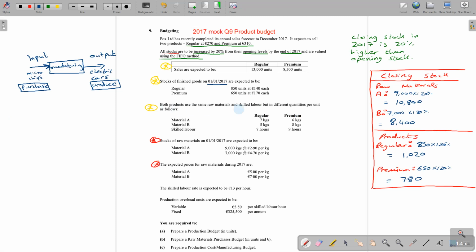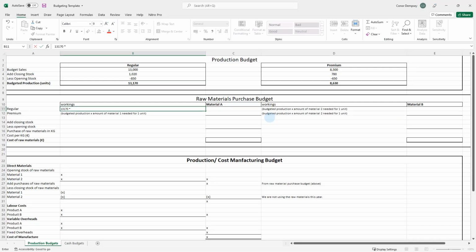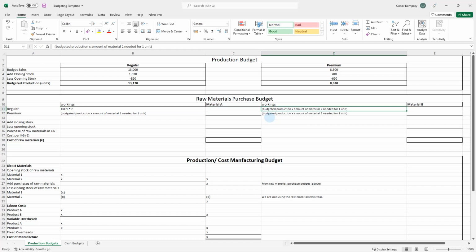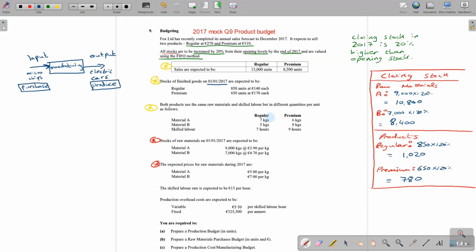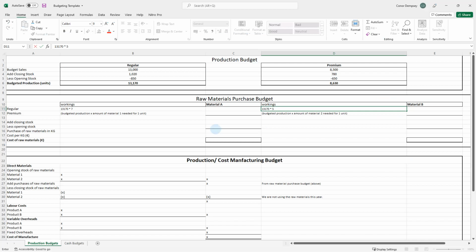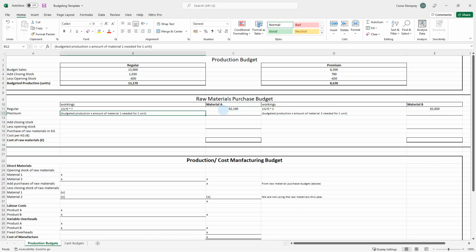So 7 kg, so by 7, and again here material B 13,170 multiplied by 5 kg from material B. So what do we get with that? 92,190 and 65,850.